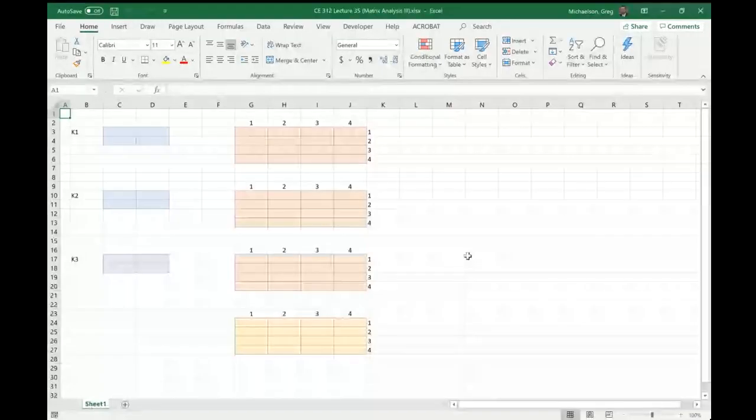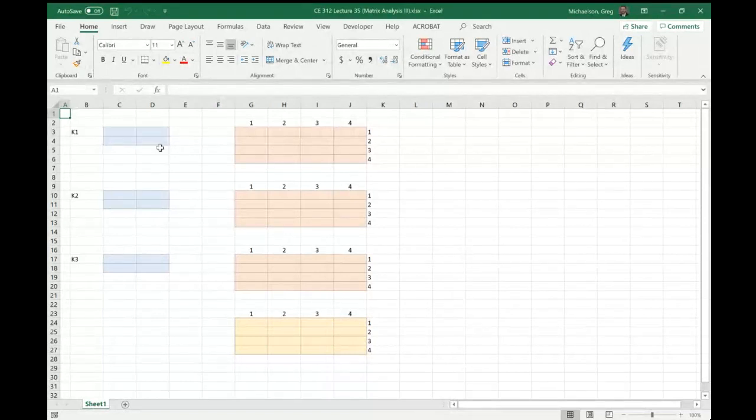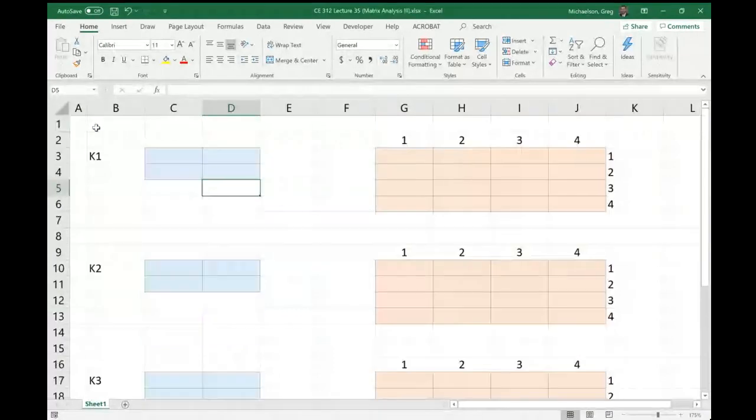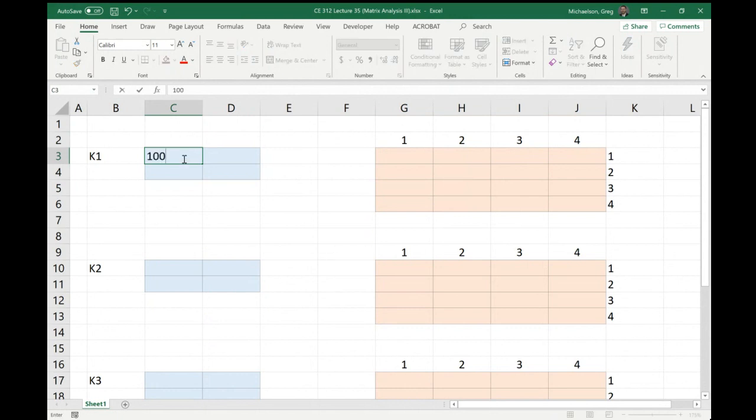All right, so I have here an empty spreadsheet. I just want to show you something real quick. There's nothing special about this. I just threw some colors on it and made it empty so that you could see what we're doing here. So let's take this first matrix.